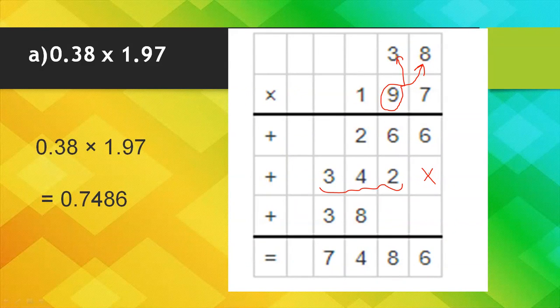And here I have to place a cross, or otherwise instead of a cross I can put 0 as a placeholder. Why am I placing this 0? Because this will indicate that you are doing the multiplication for this number for the tens value, and for this one you are taking a start from the unit.